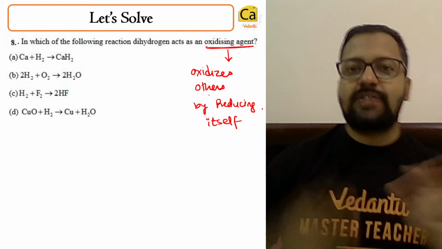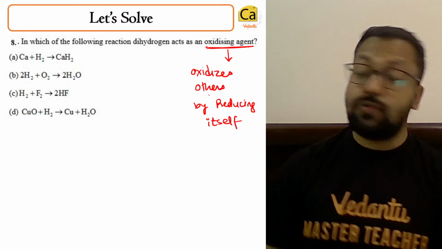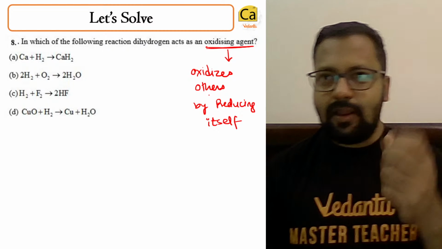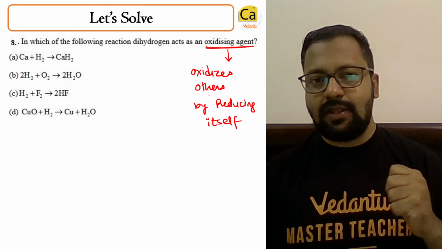Clear? It oxidizes others by reducing itself. Please do remember that oxidizing something else will require you to take electrons from it, and that's the only way you have.